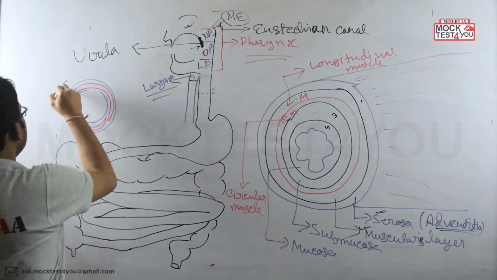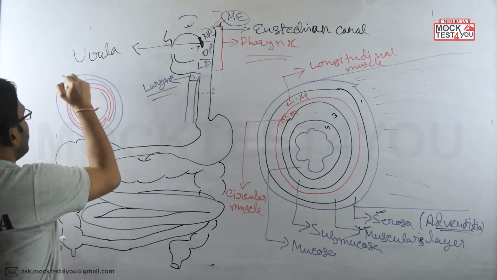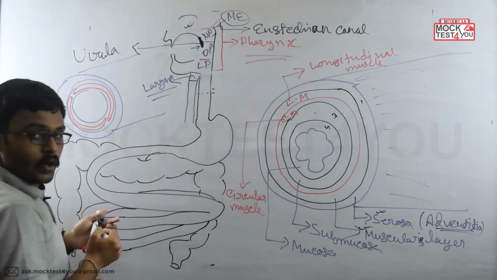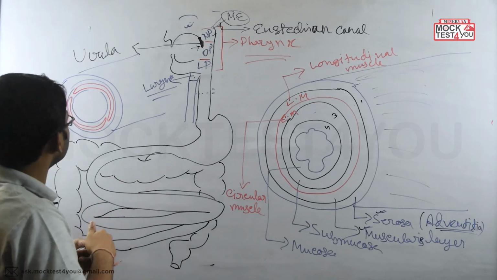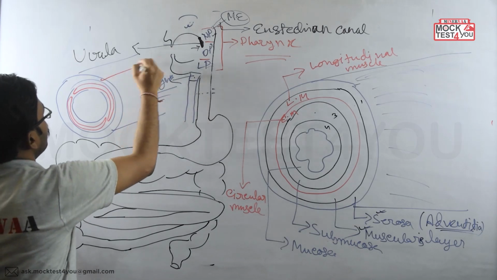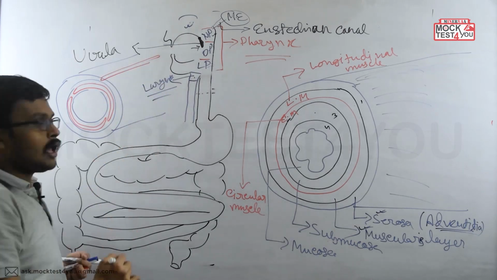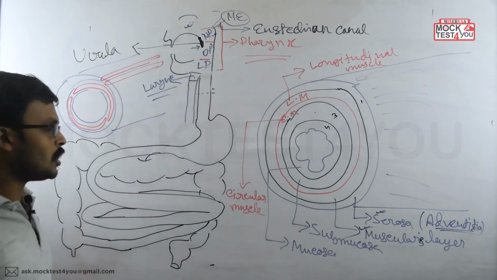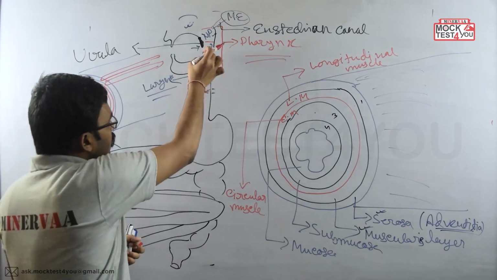But if you see the longitudinal layer, think this is the outer longitudinal layer. Here the muscles are extending in this way according to the length, okay. So it is called the longitudinal muscle layer because it is present according to the length.